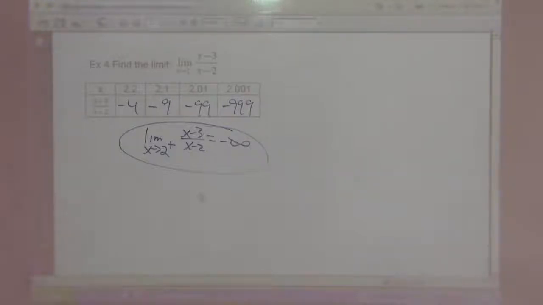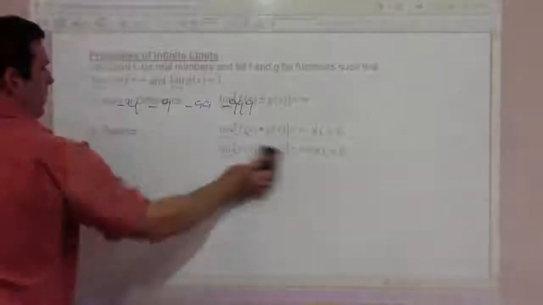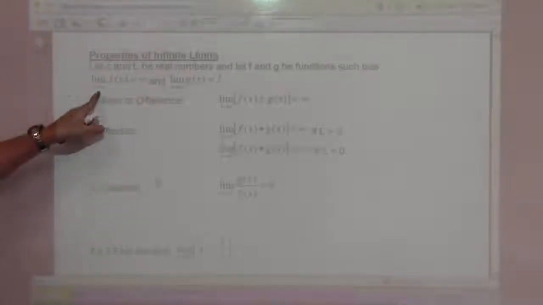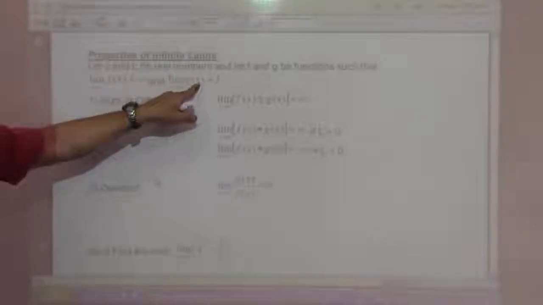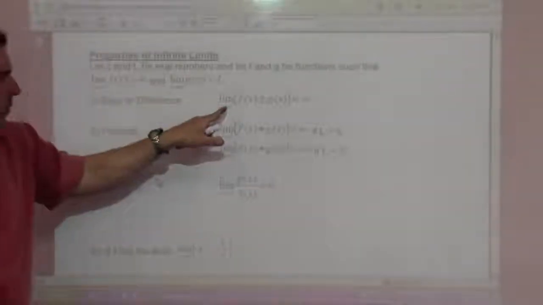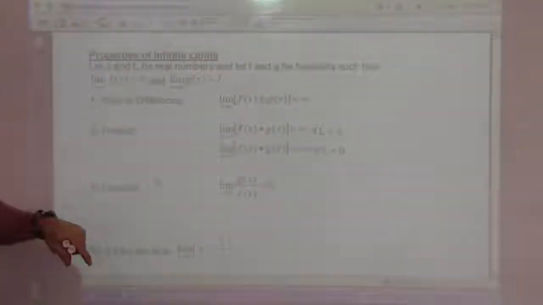We'll go on to the last example, last page. Properties of infinite limits. Let c and L be real numbers, and let f and g be functions such that the limit as x goes to c of f of x equals infinity, and the limit as x goes to c of g of x equals L. Sum or difference, the limit as x goes to c of f of x plus or minus g of x is infinity.